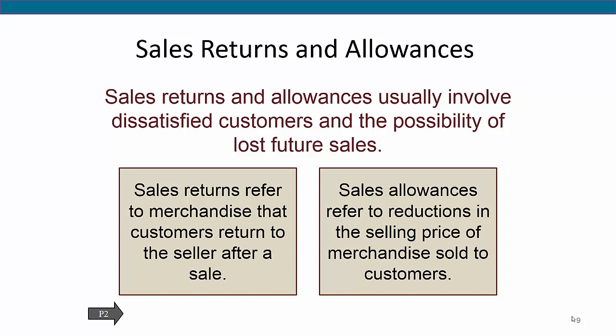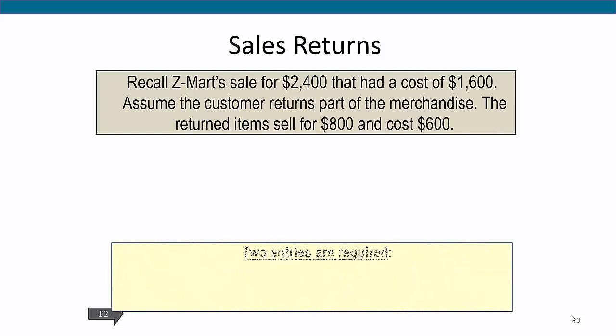Sales returns and allowances usually involve unhappy customers and the possibility of lost future sales, so managers monitor the information about returns and allowances. Our accounting for returns is quite different from the accounting for allowances, as we'll see in the next two examples.